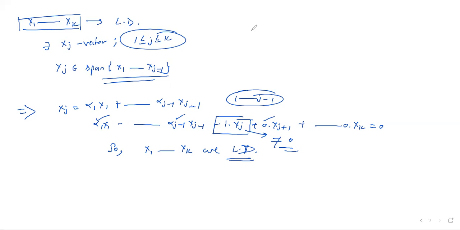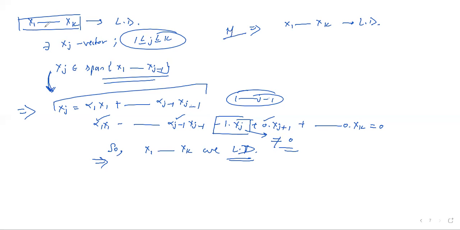Now let's consider it the other way. Here, first I considered that xj belongs to the span, and then proved that the set of vectors is linearly dependent; this is the if part.